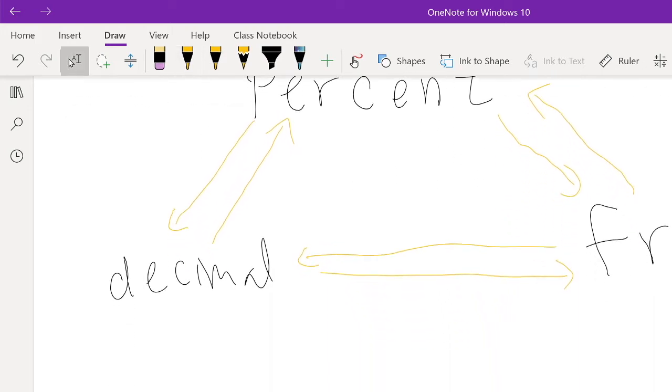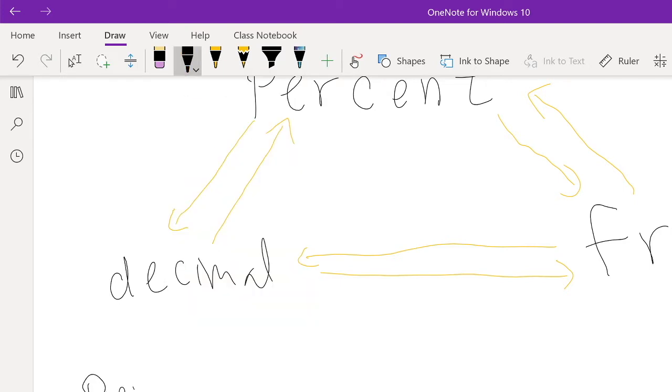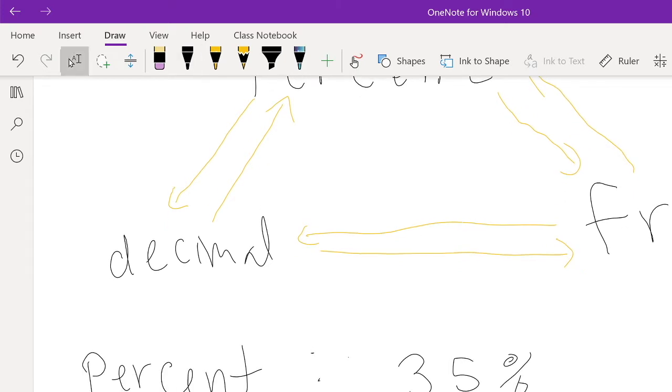Let's say that we had 35%. Regardless of what the percent value is, when we want to go from percent to a decimal, even though it's not shown here, it is implied that it's 35 and the decimal goes right there.